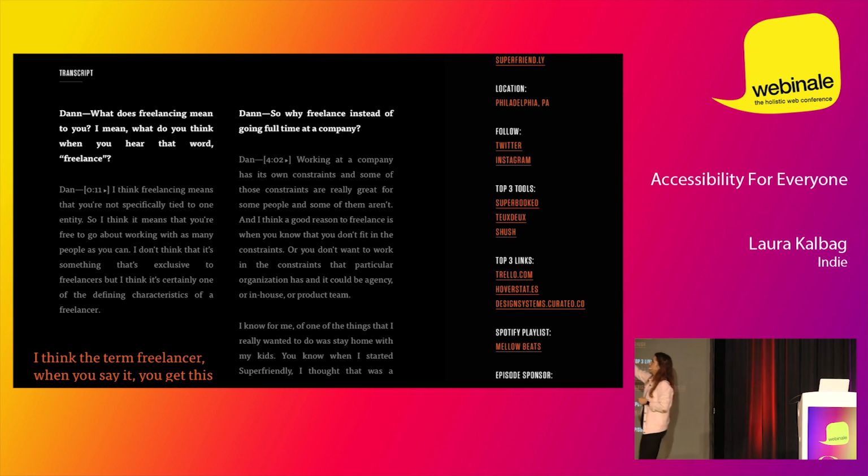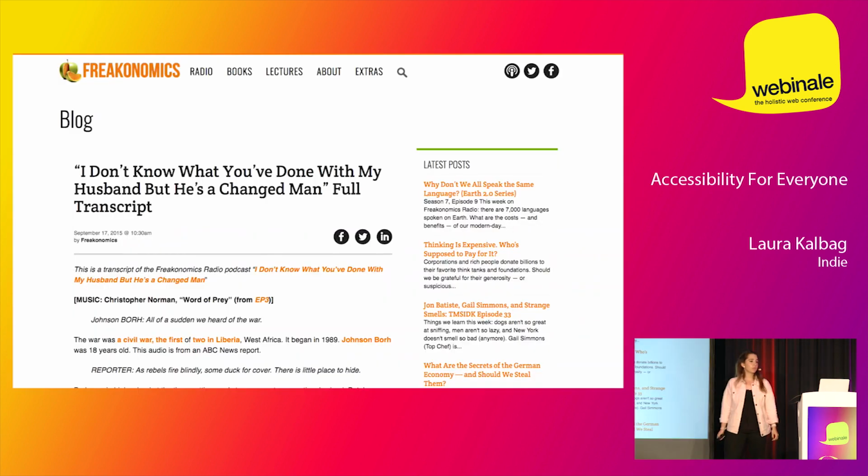Not only has it got the names of the person who's speaking, but also the point at which the video is that they're talking, so you can jump straight to that point in the video. This is the Freakonomics podcast transcript. It actually contains links inside the text to the references and the things that they're talking about, so you get even more additional knowledge from it.